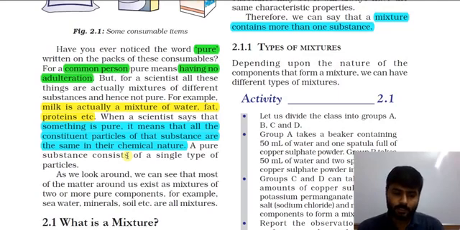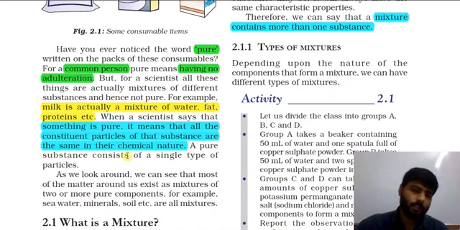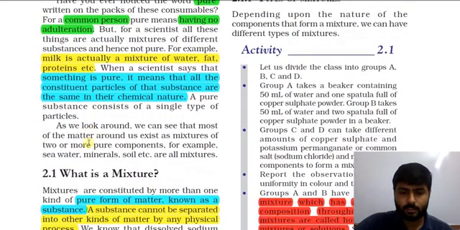A pure substance consists of a single type of particle. Or, the reverse, we can say that a substance containing only a single type of particle is a pure substance. So that is about pure substances according to the scientific viewpoint.